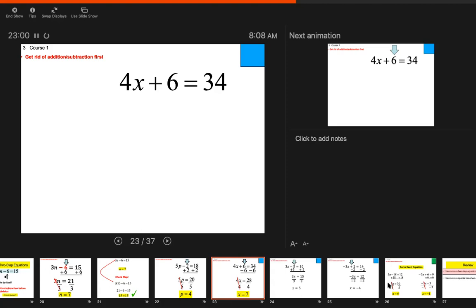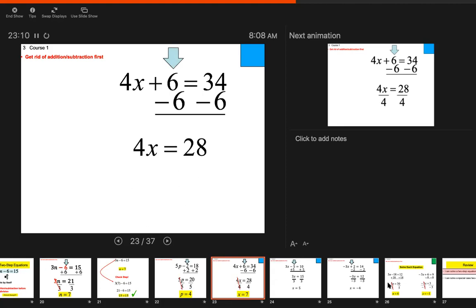We're going to subtract 6 from both sides. Okay. This is cool. It just goes way over here. 34 minus 6 is 28. How do we get rid of the 4? Division. Okay. Divide both sides by 4. 4's cancel. 28 divided by 4.